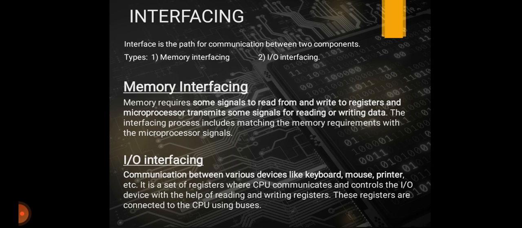Also, it is a set of registers which is used to control input and output devices. It is a set of registers where the CPU communicates and controls the input-output device with the help of reading and writing registers. These registers are connected to the CPU using buses. Buses are of address bus, data bus, etc.